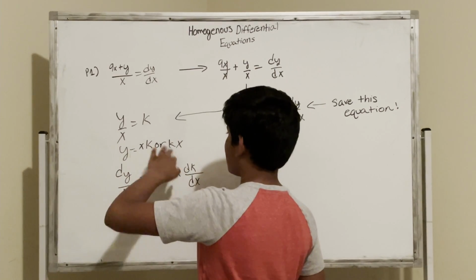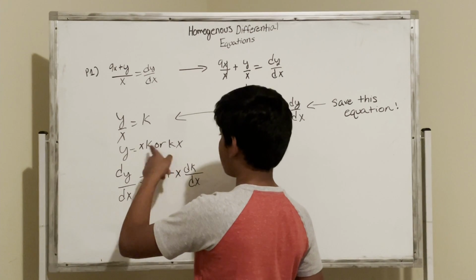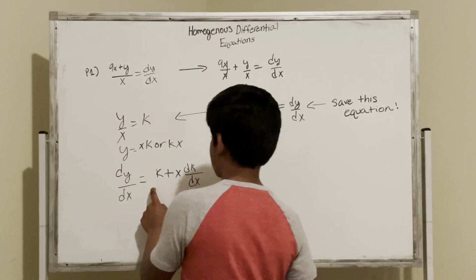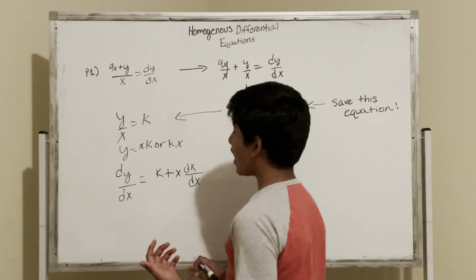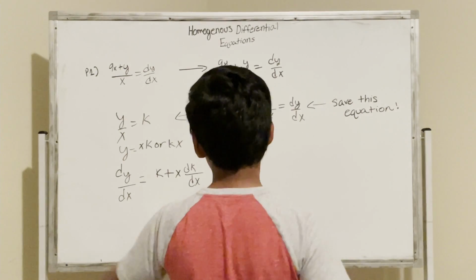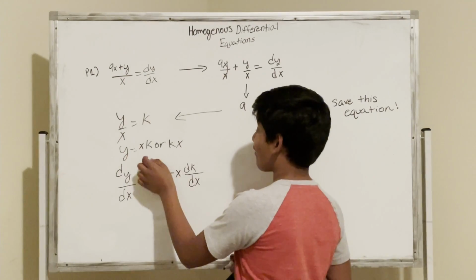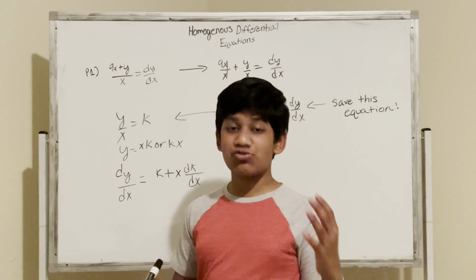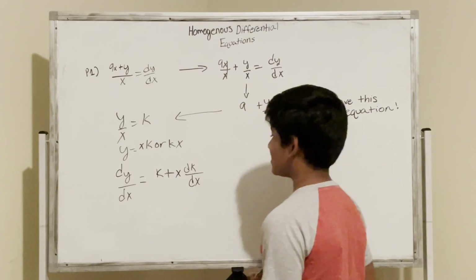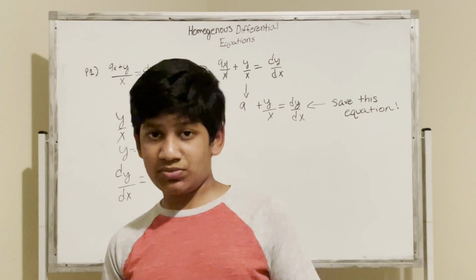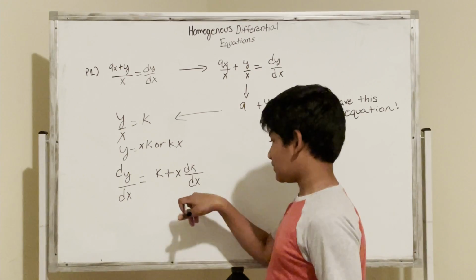Then we add x, and the derivative of k is dk over dx. The reason we don't make it just 1 is because we're taking the derivative with respect to x, and if we have another variable, we can't really take the derivative with respect to x directly, which is why we do this.